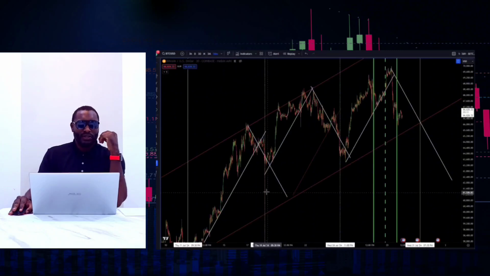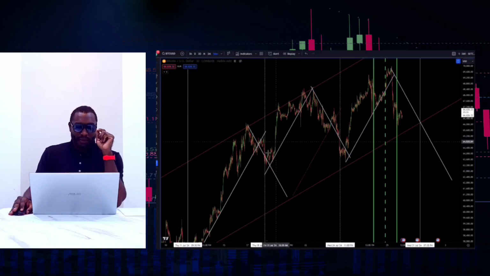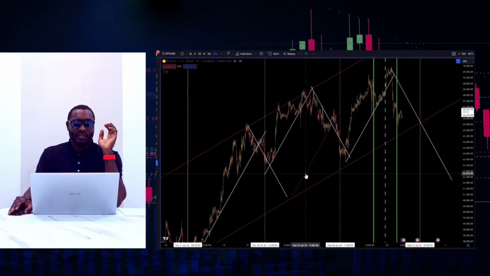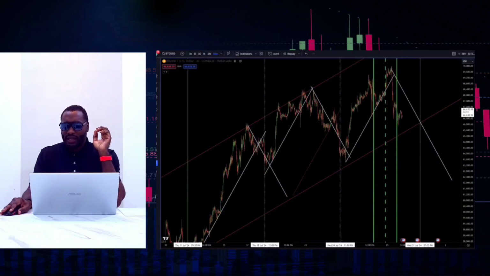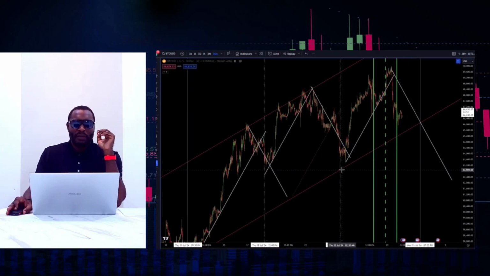Now, if you're a long-term trader, these little ups and downs don't really bother you too much. But if you're a day trader and you want to take advantage of swings, 100% you want to be in this zone. So this is why you want to identify the general trend. Does it happen often? As you can see, it does.